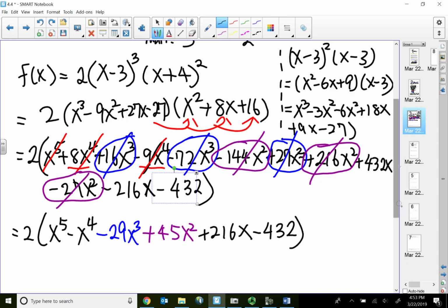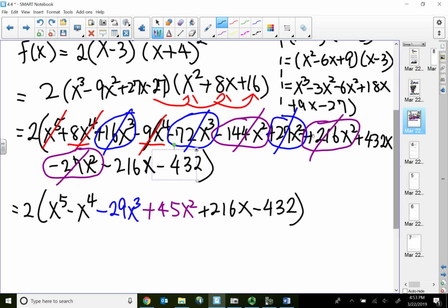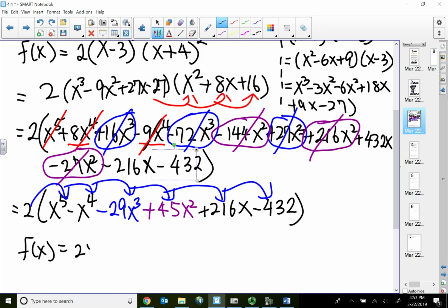So finally, now distribute my 2 so I can have my final polynomial. My f of x will equal 2x to the 5th minus 2x to the 4th minus 58x to the 3rd plus 90x squared.